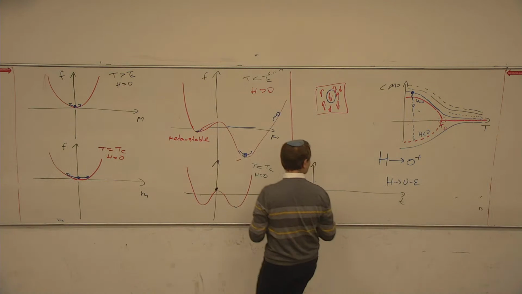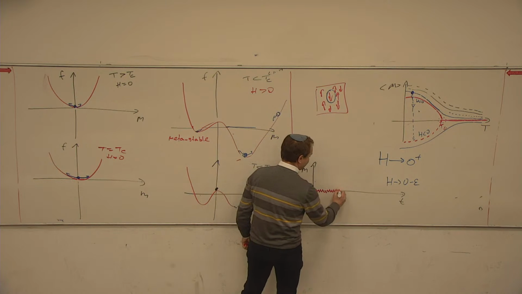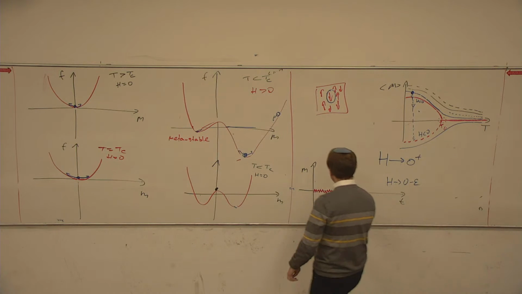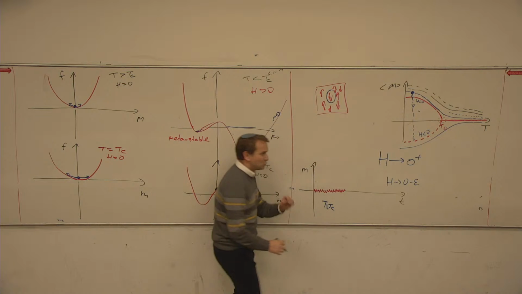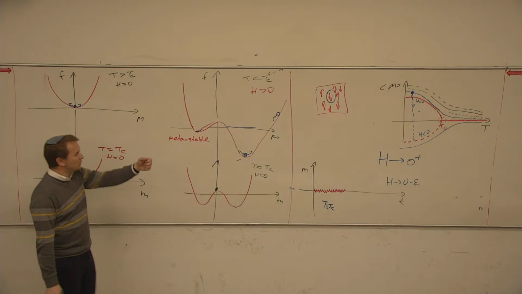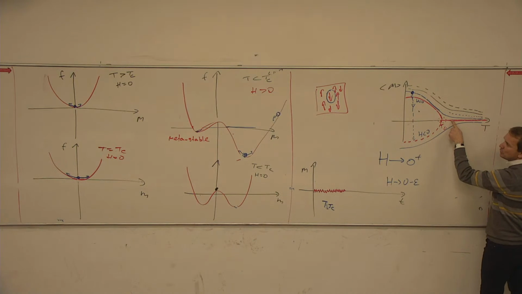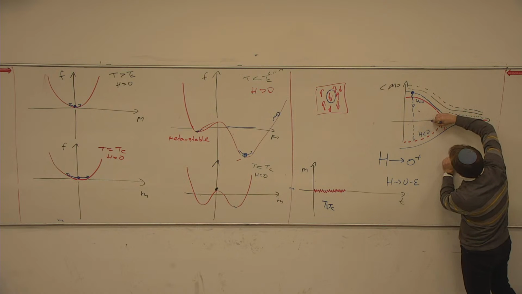So if you look at the function of time, it was fluctuating. This is T higher than Tc. We switch the temperature and get a temperature below this. So we start over here, this is our original point, and we kick our system into this region.